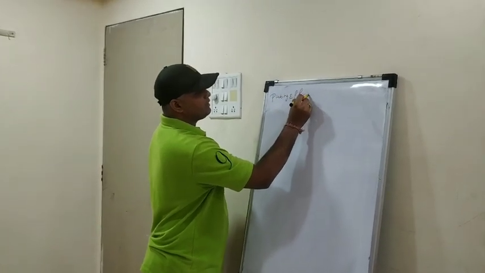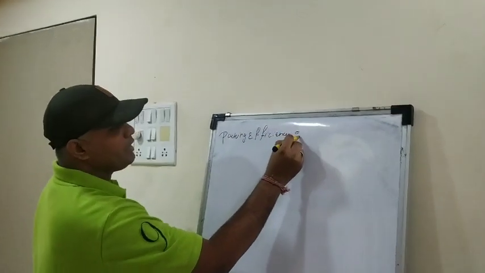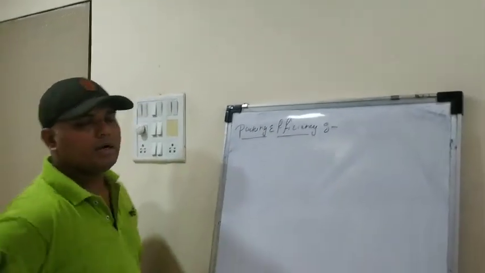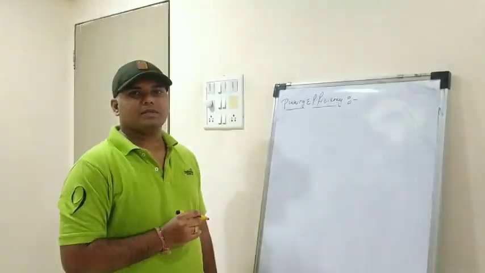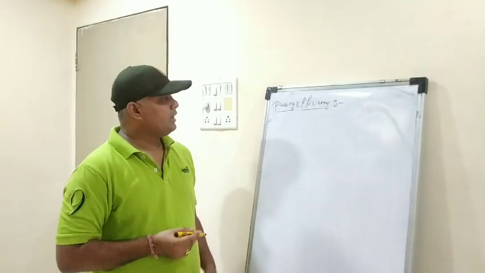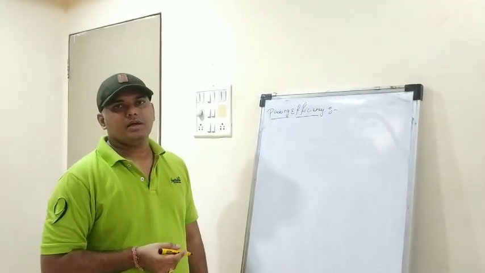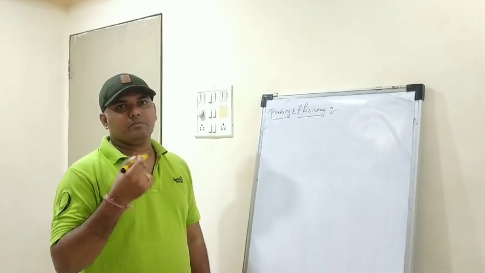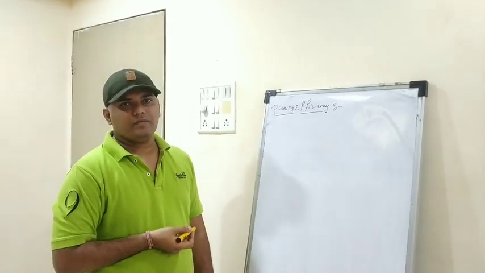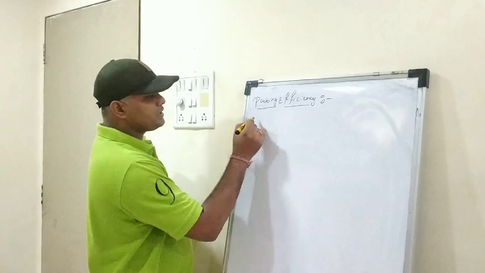Packing efficiency. This is a very important concept. If you take the board exam papers, you will come to know that many times this question has been asked in the exam, that is the packing efficiency of a simple lattice, then body centered, and then face centered, right? So packing efficiency means what?